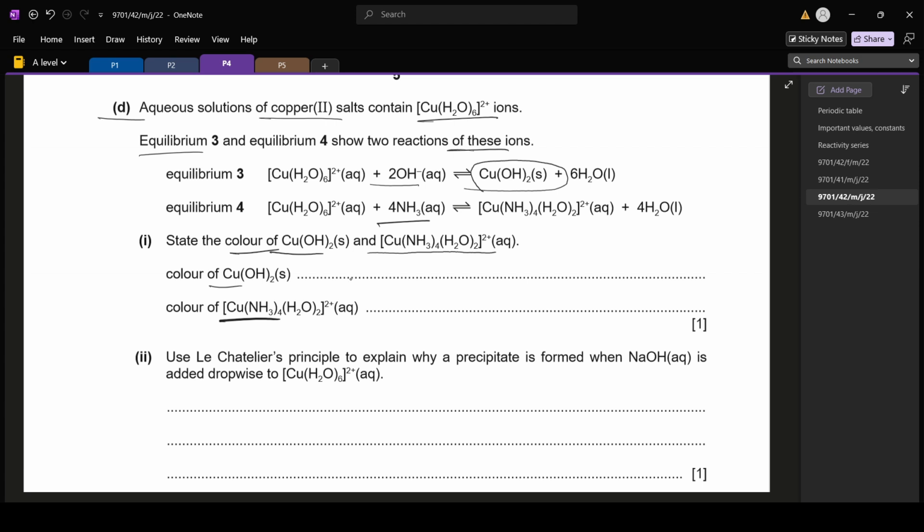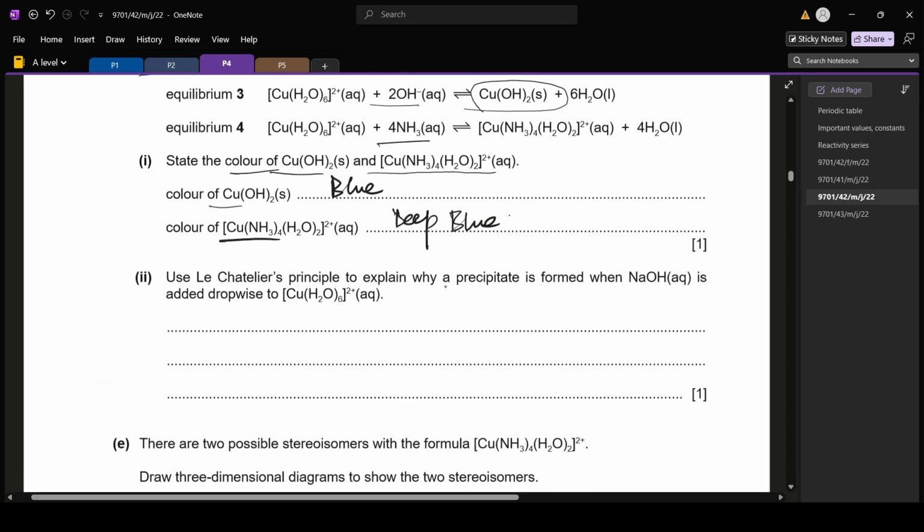So what is the color? Blue. And what is the color of this aqueous complex ion? It's deep blue or dark blue. Use Le Chatelier's principle to explain why a precipitate is formed when sodium hydroxide is added dropwise to this complex of copper.